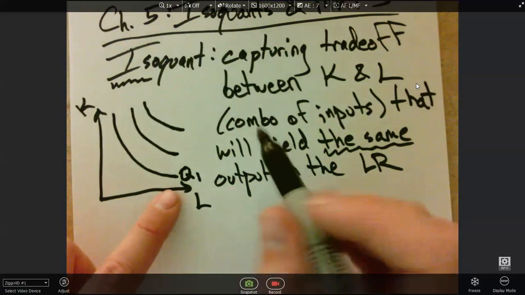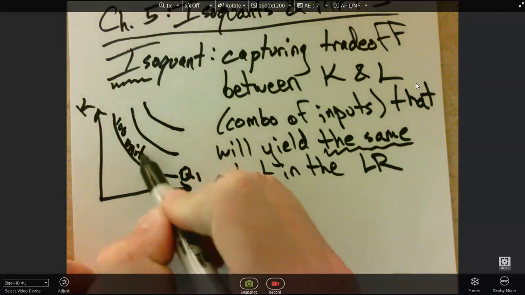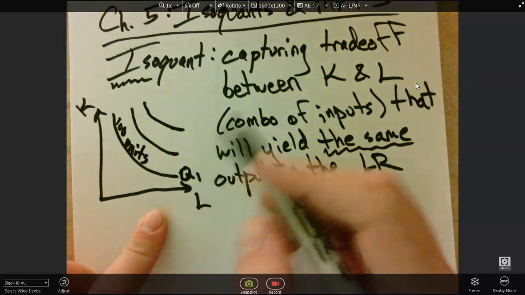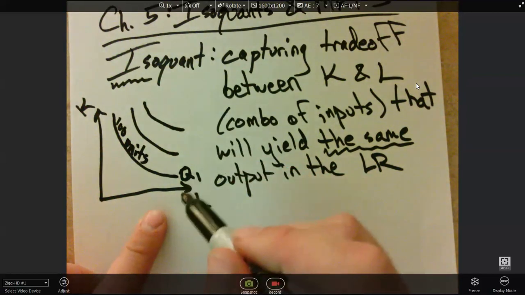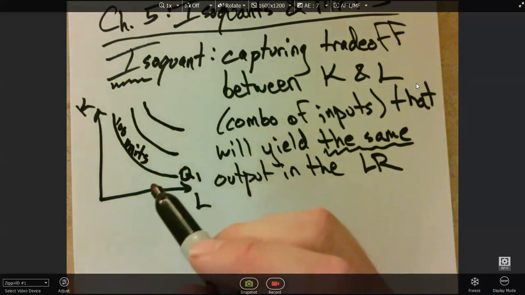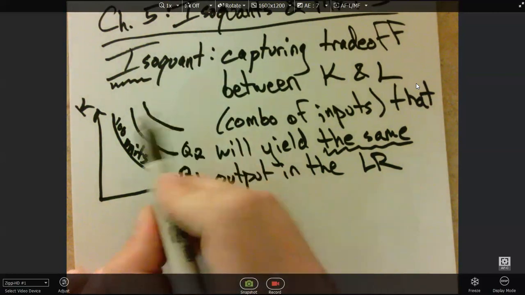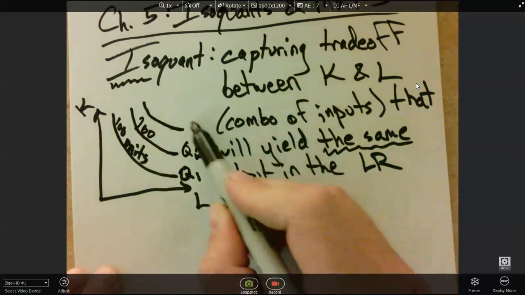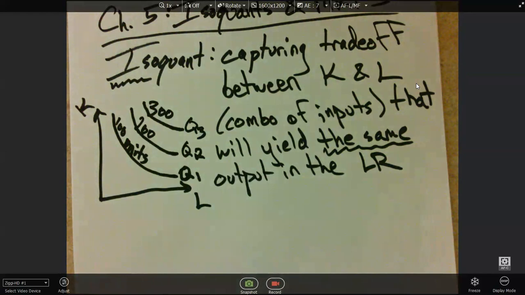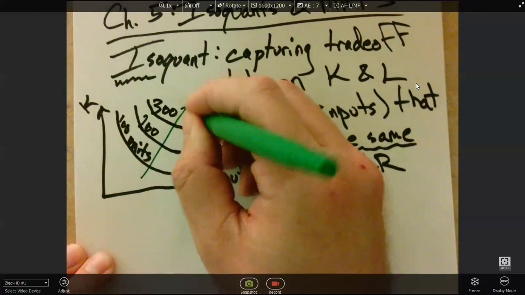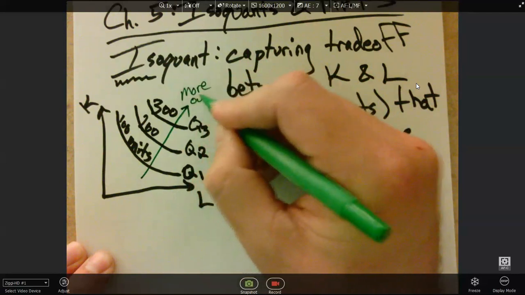So this is Q1, like 100 units of the final product. It's not in terms of the same cost, it's in terms of the same output. This is Q2, which is 200, and this is Q3, which is 300, right? So the more we go to the north and to the east, there's going to be more output. Very good.